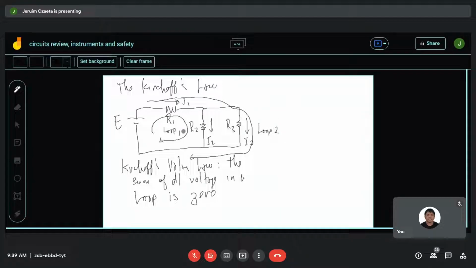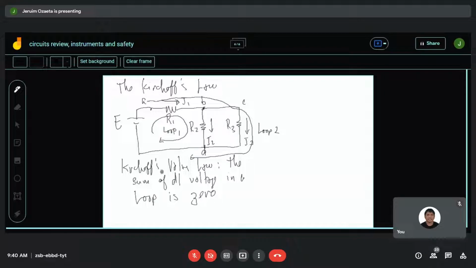Ayan. Dalawa ang loop na pwedeng kino-consider natin. Meaning to say, in this loop, the current from E sub 1 can either pass some portion through R sub 2 and some portion to R sub 3. Okay. And notice that at point, sabi natin A, B, C, D.